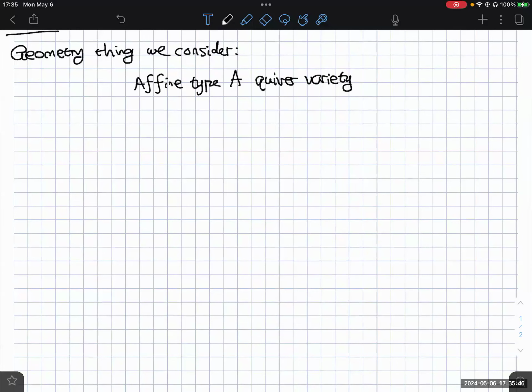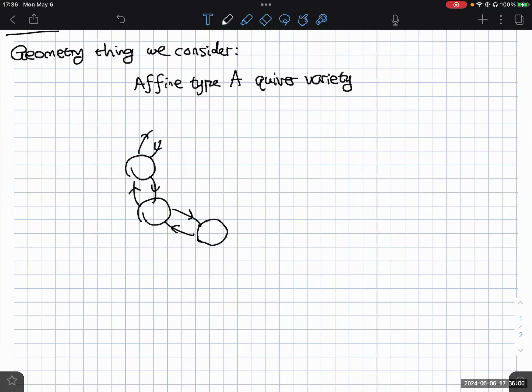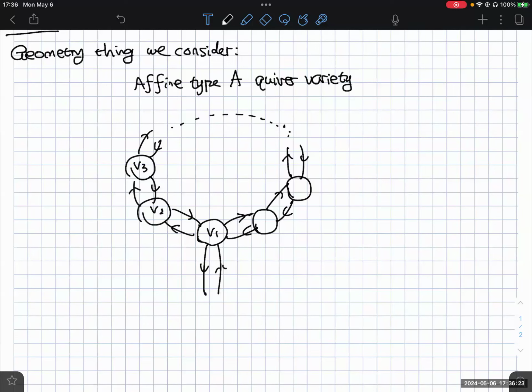Maybe the best shortcut is to first write down a graph, a quiver, which consists of some vertices and arrows with a direction. I'll take this one, for example, with V1, V2, V3, up to V(n-1), Vn.